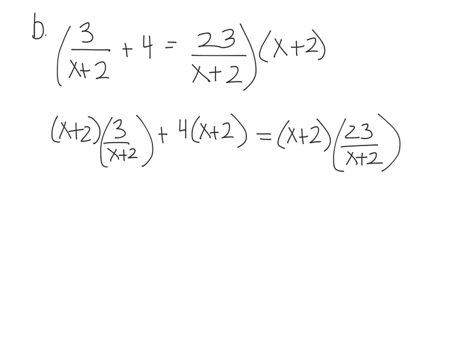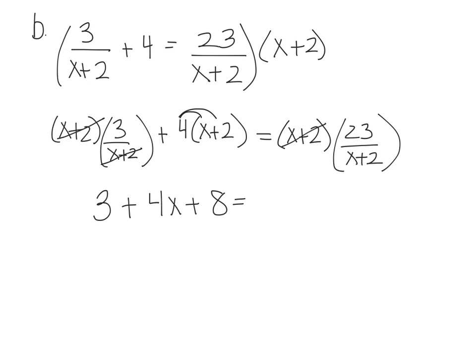Next, I'll simplify each term. So x plus 2 times 3 over x plus 2 is just 3 because the denominators cancel. Next, I need to multiply the 4 through each term in the x plus 2, so I'm left with 4x plus 8.